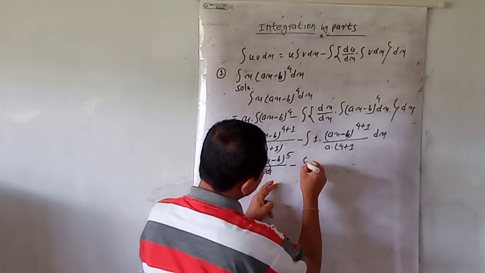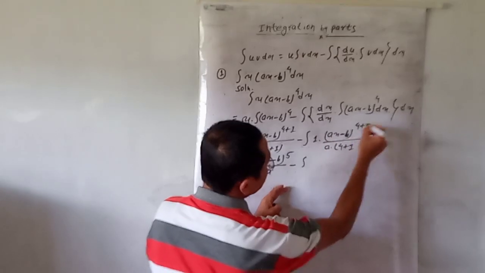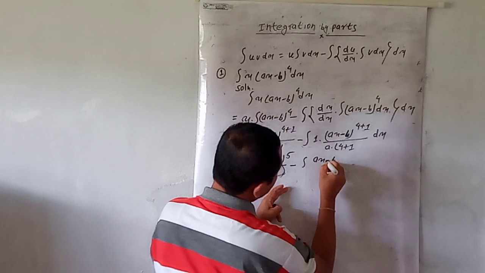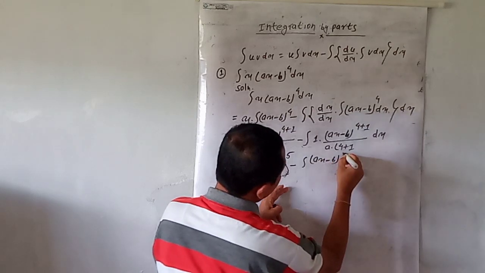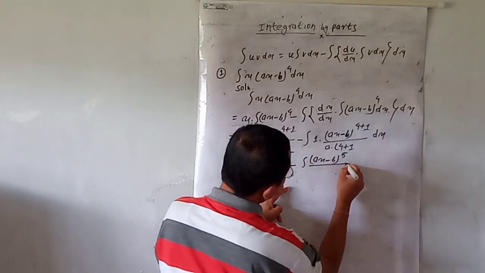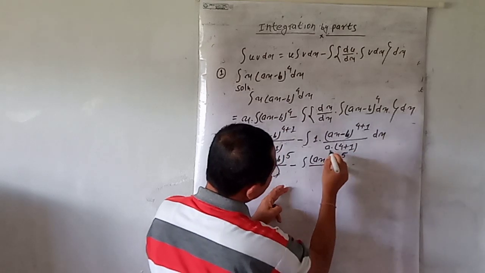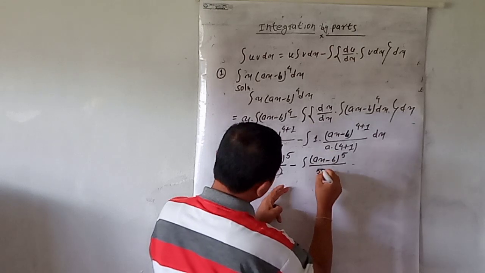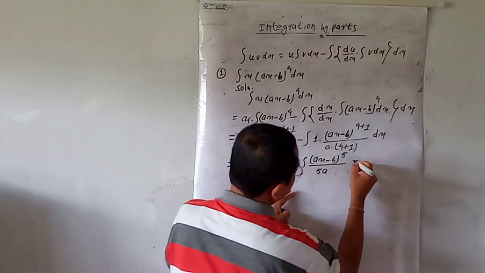the integration of (ax - b) to the power 4 plus 1, which means (ax - b)^5 divided by a into (4 plus 1), 4 plus 1 means 5 into a, 5a, dx.